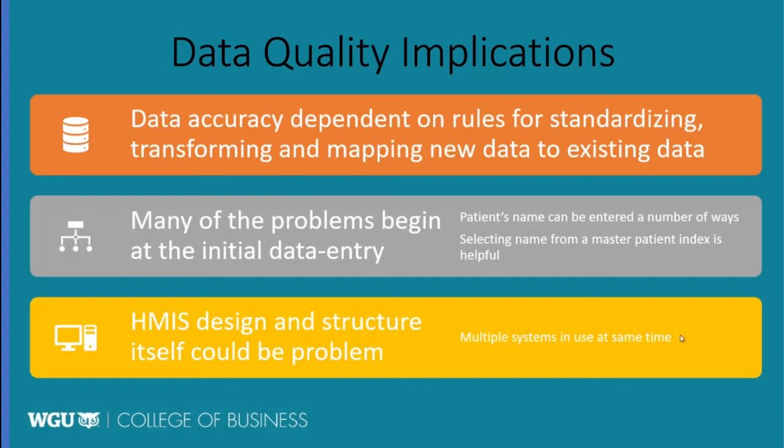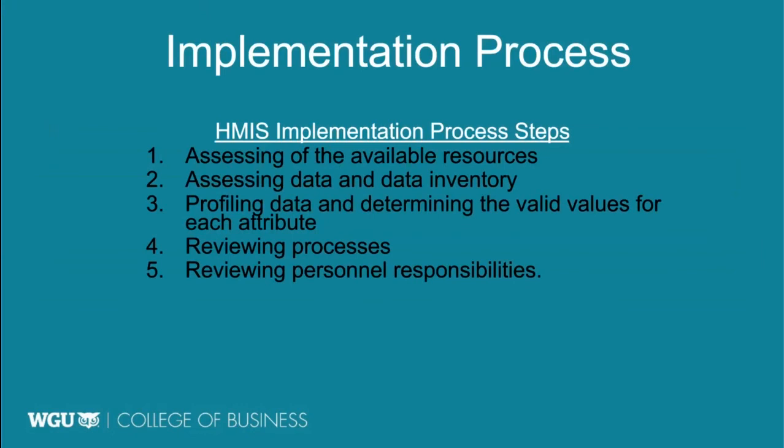Multiple systems in use at the same time, kind of like the creation of clutter or noise. If you have too much going on, too many operations, too many purposes, then the design and the structure becomes irrelevant. It's not logical.